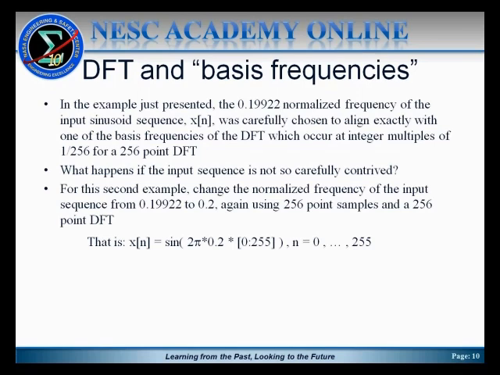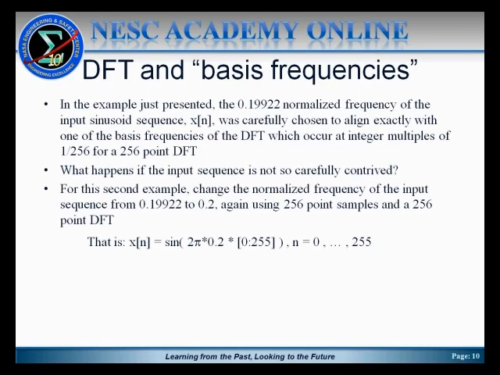So again, to illustrate what happens here, we'll take a second example. This time we'll do just what we did before, but in the construction of the 256 point sequence for which we'll compute the discrete Fourier transform, we'll change that normalized frequency from 0.19922, which aligned perfectly with one of the basis frequencies, to just 0.2. So again, the equation that you might use in MATLAB or Octave to compute it is shown below.